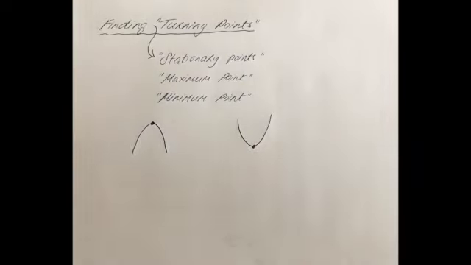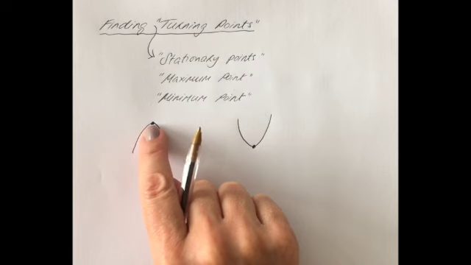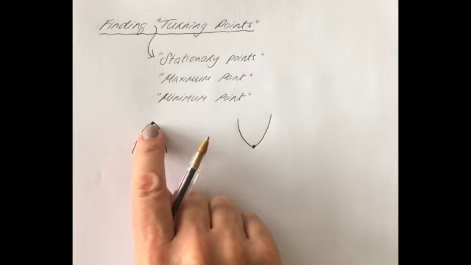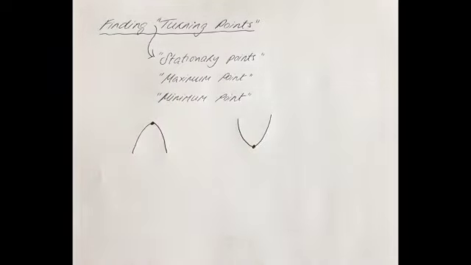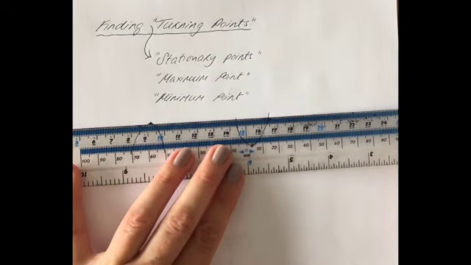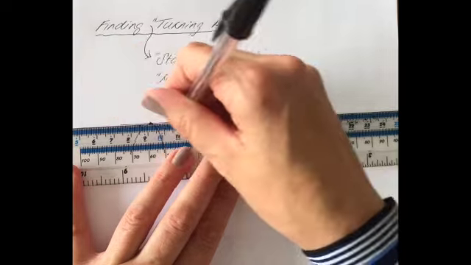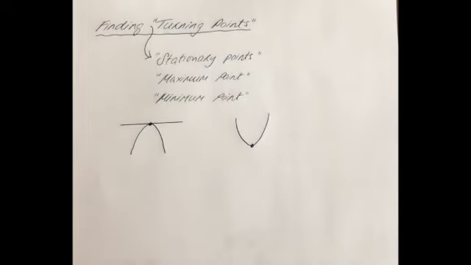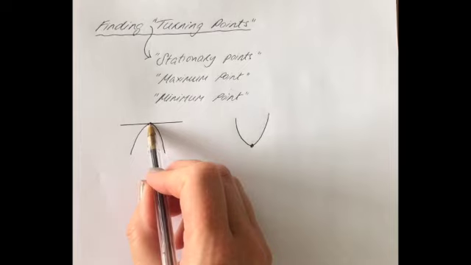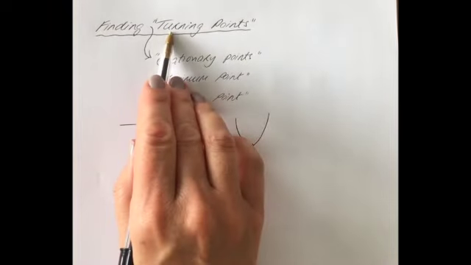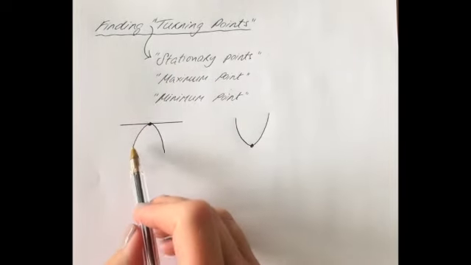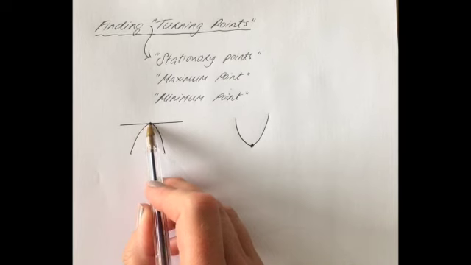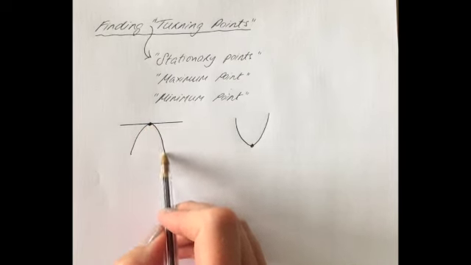If you have a turning point, here for example we have a turning point. This would be considered a maximum point because it's the highest point on the curve here. And one thing about the tangent at that point, if I just draw a tangent, in other words, a line that will touch the curve once only, if it is touching the curve at the turning point, in this case the maximum turning point, also known as a stationary point because it's kind of stopped moving at a point here until it keeps turning again, if that makes sense.